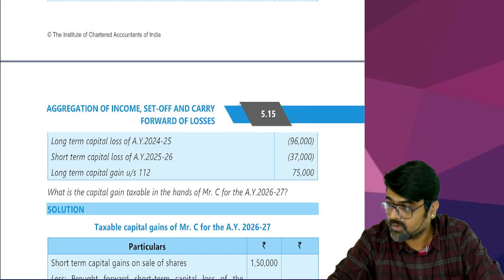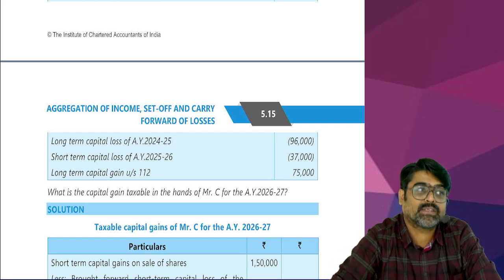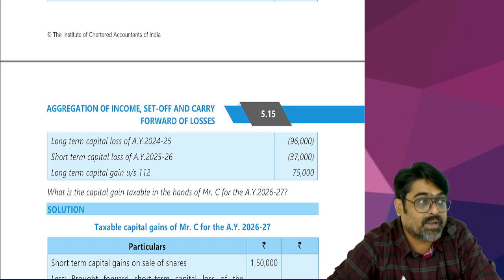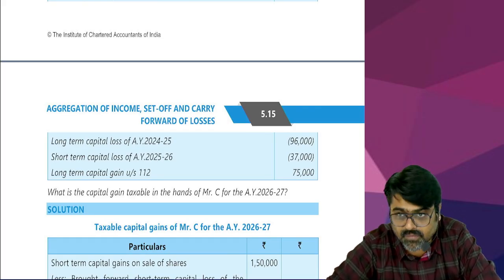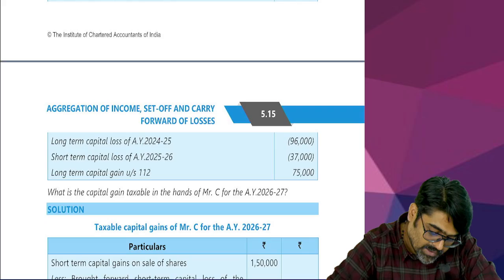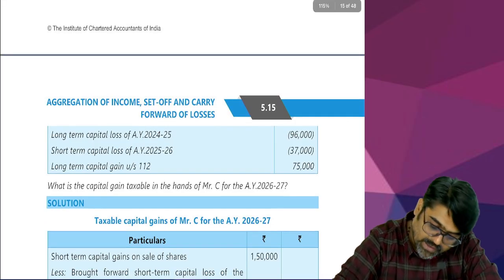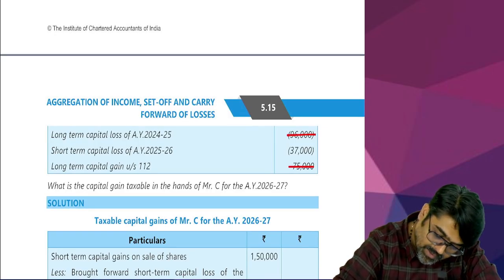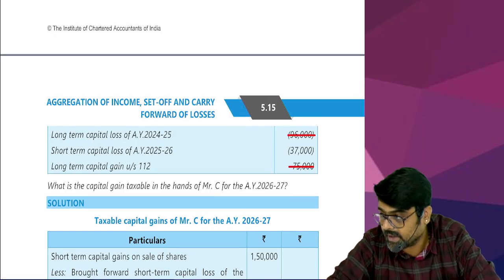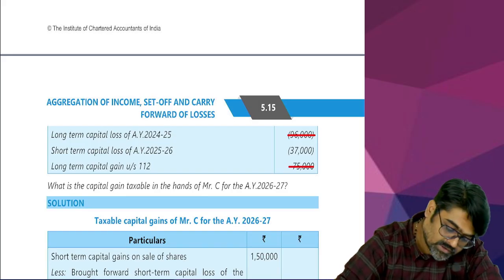But the long-term loss after carry forward can be adjusted only against long-term gain. So if this year you have a long-term gain, from that only you can set off. Yes or no? Do you have a long-term gain in this year? So against that long-term gain, you will set off this loss. So tell me, this entire long-term gain is gone. How much loss still remains?